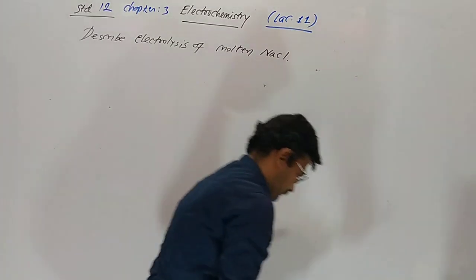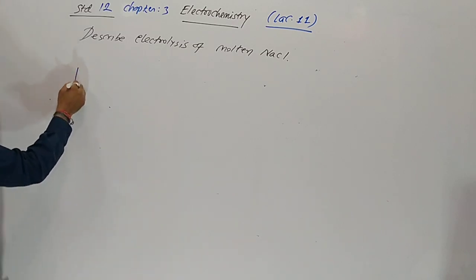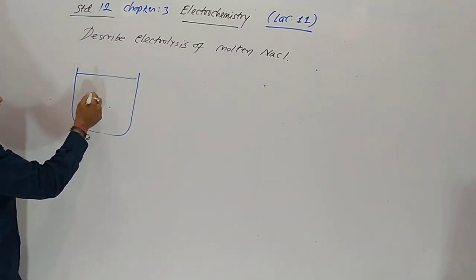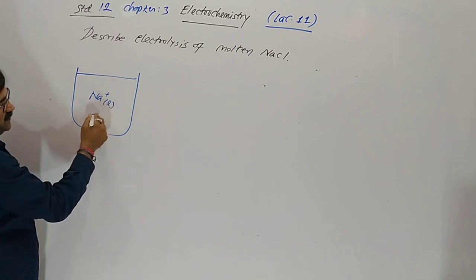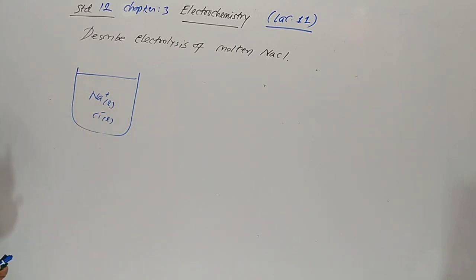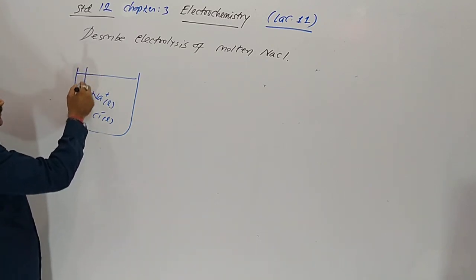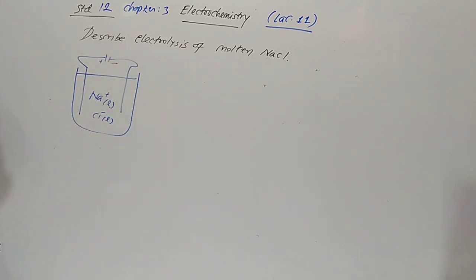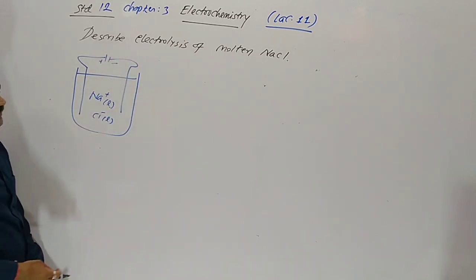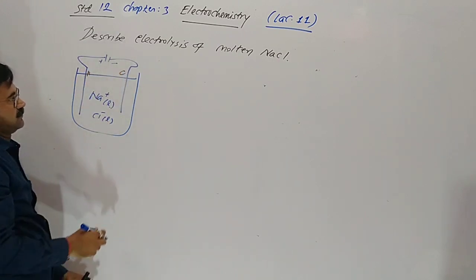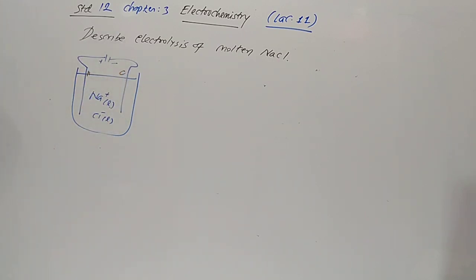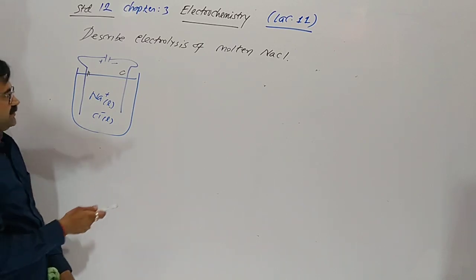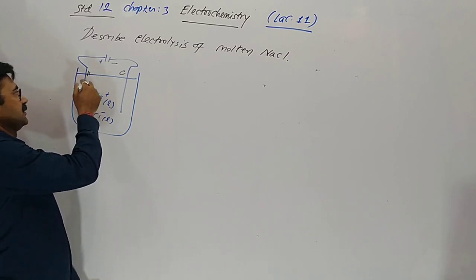Listen. First we are taking NaCl, liquid, without water. NaCl is molten. We are dipping 2 electrodes, anode and cathode, into it. Only 2 ions are present here, sodium and chloride.